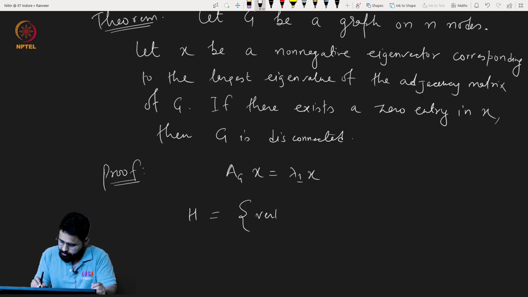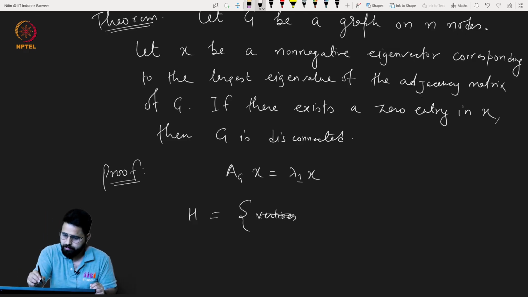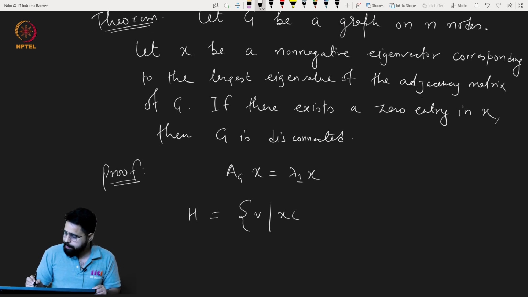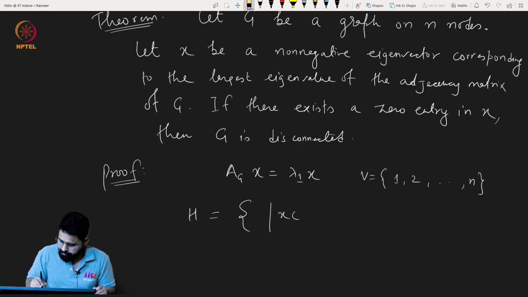So set of vertices, or set V. Suppose you are naming the vertices as 1, 2, up to n, and rather than B, now I will make use of this.